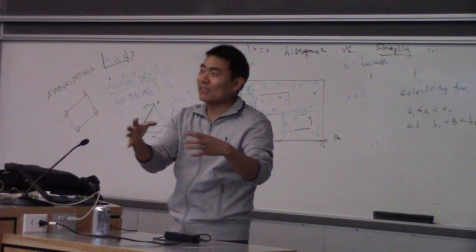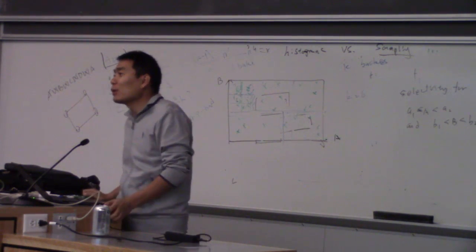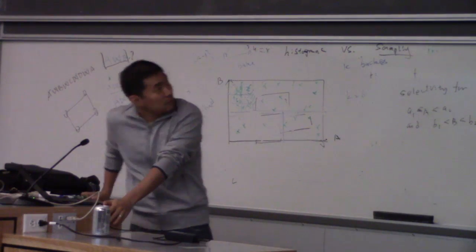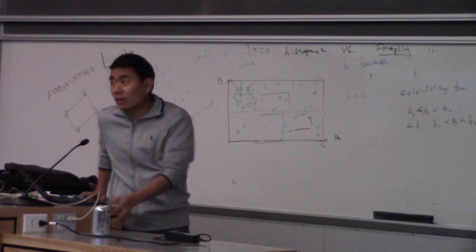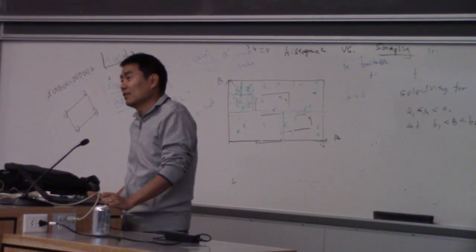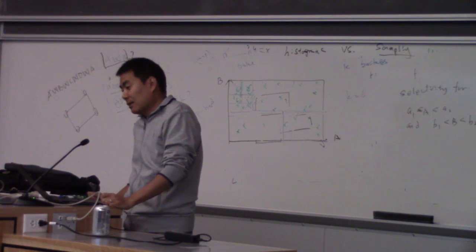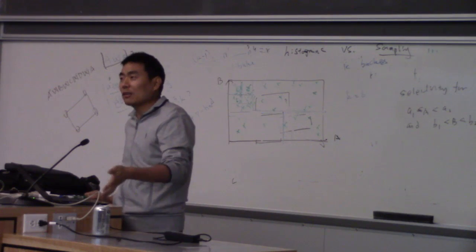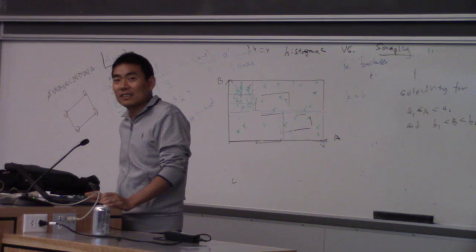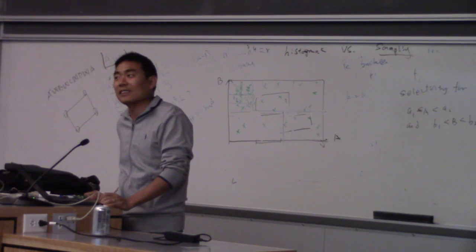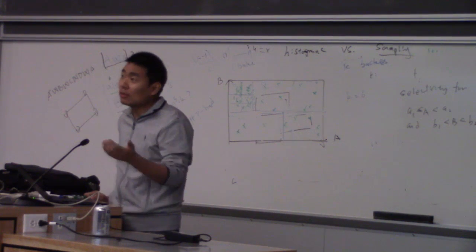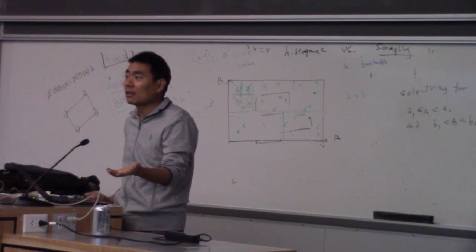Wait. And it's not going to work, right? Not going to work. To convince you it's not going to work, let's wait a little bit more. Okay? And this is only 100 some gigabytes of data.